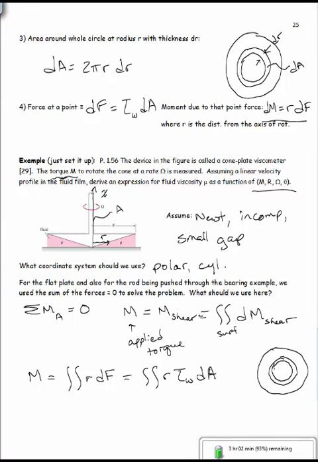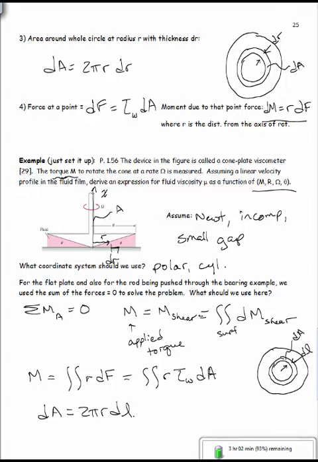So we are on that cone surface and we have a sliver, and here's our little dA. Okay, but the problem is, if you look at dr is in this direction. But on the cone, it's not quite that distance. What we have, we'll call it something else. Let's call it dl. Okay, so our dA is going to still be that circumference, 2 pi r. Okay, but then the width is dl.